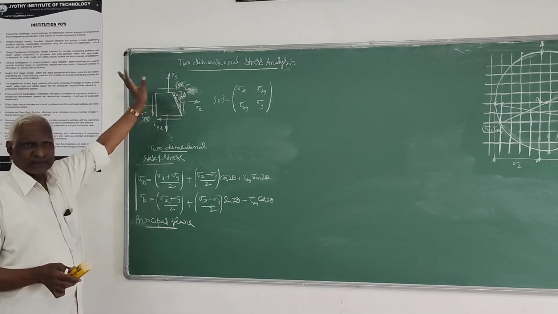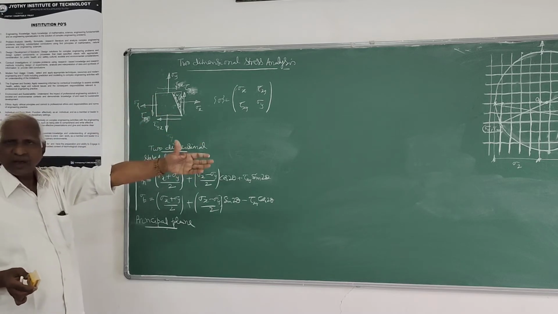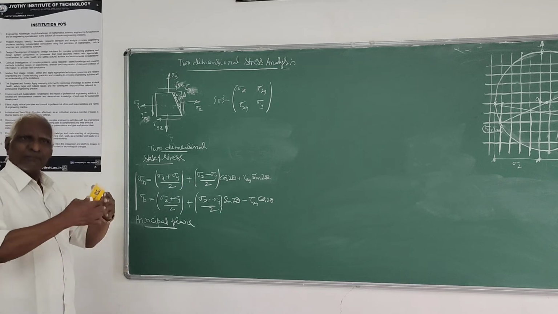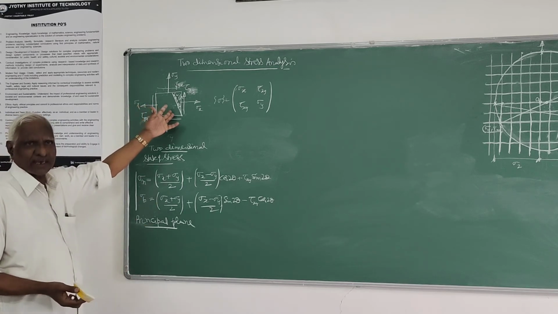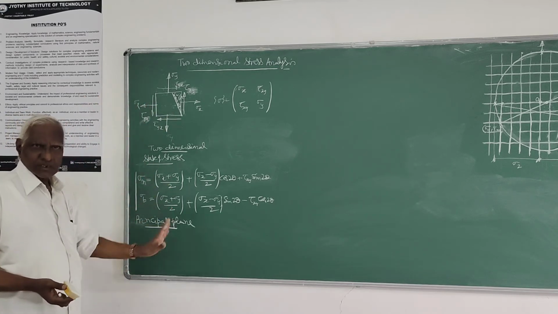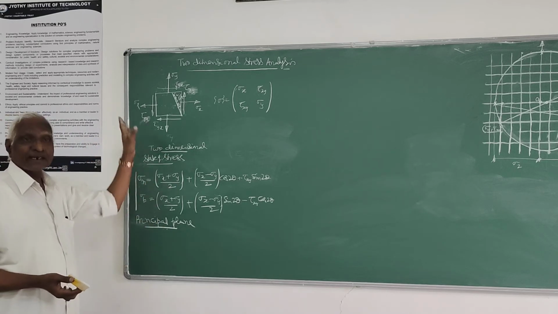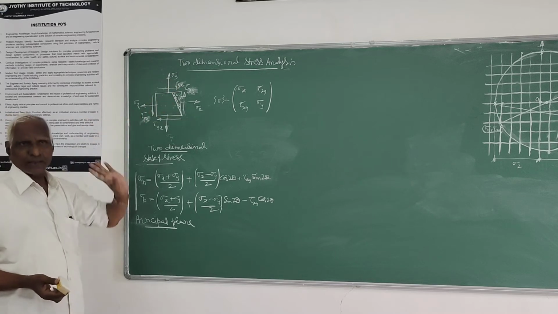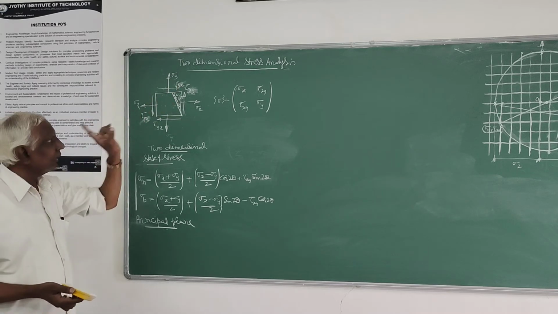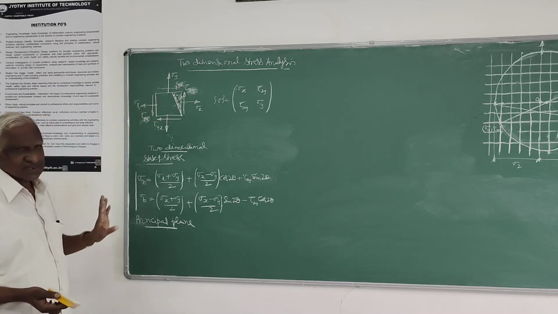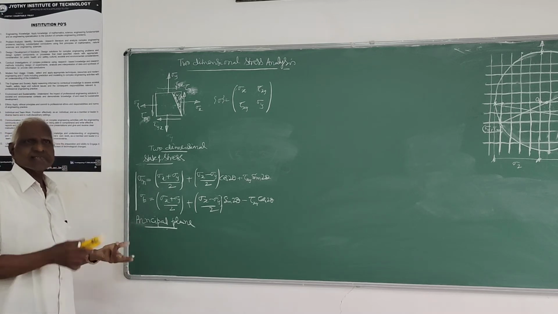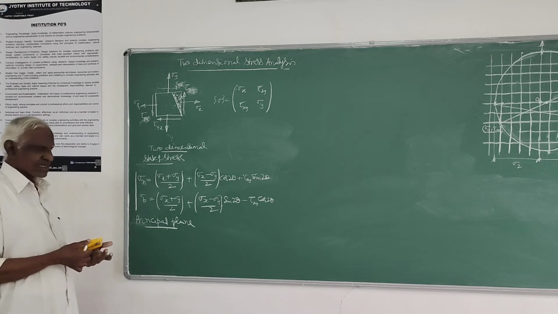So in the two-dimensional analysis, as in the beam also you have seen, finding the maximum bending moment, maximum shear force, likewise here, maximum normal stress and maximum tangential shear stress you have to find out during two-dimensional analysis. Analysis of two-dimensional stress means to find out the maximum normal stress and maximum shear stress.